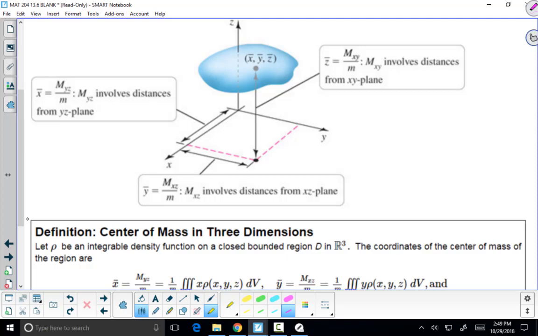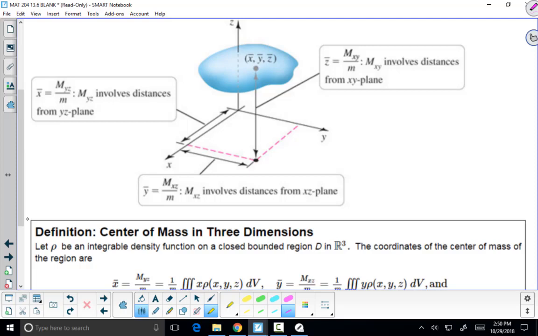So x bar is going to be found by using the moment that has no x in it, just like the previous slide. Right? X bar was m sub y divided by mass. So same notational convenience. So m sub yz is the moment about the yz plane.